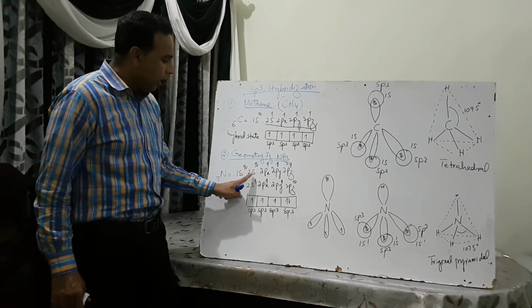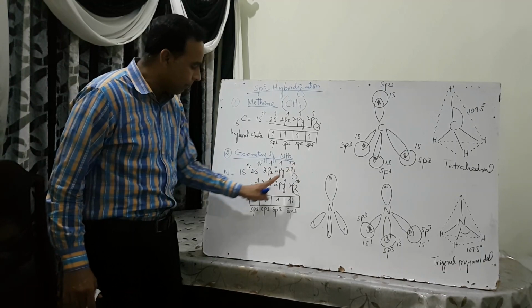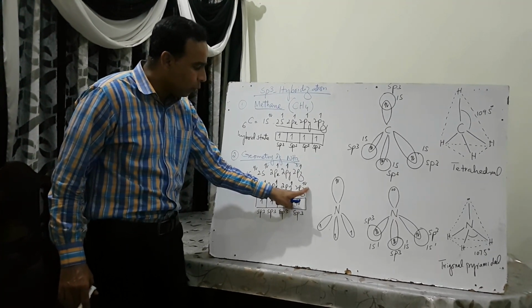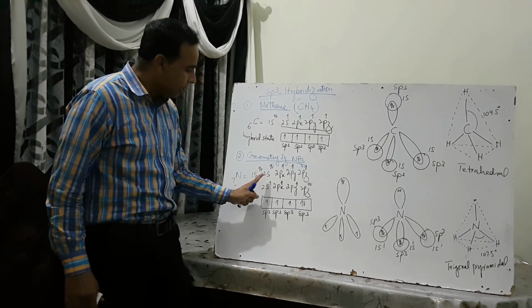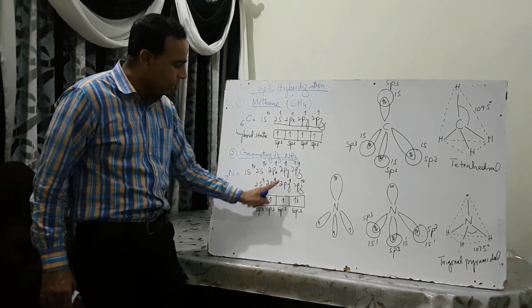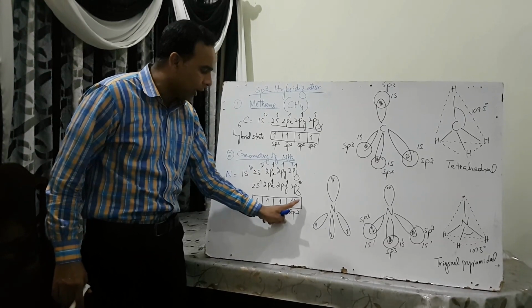Now we promote 1 electron from the 2s orbital to the 2pz orbital, and in this way, the 2pz orbital will have 2 electrons and the 2s orbital only 1 electron. Then 1s and 3p orbitals overlap and produce 4 sp3 hybridized orbitals.